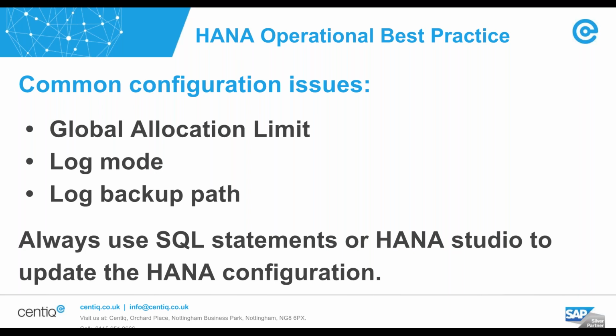So if you don't set one, it will take the default setting, which is nearly all the memory in the box. For larger systems, that can often be okay. For smaller systems, I'm thinking systems under 128 gig, that can be problematic because it doesn't leave enough memory for the operating system and for other bespoke drivers and other bits of software such as backup tools and monitors.